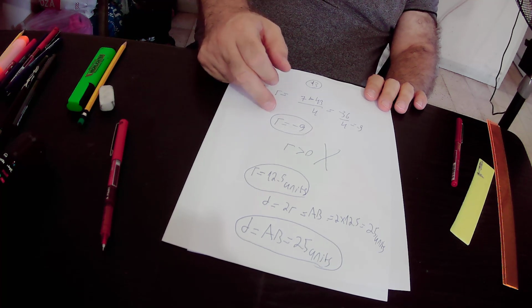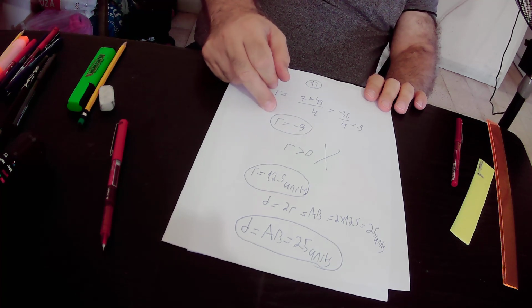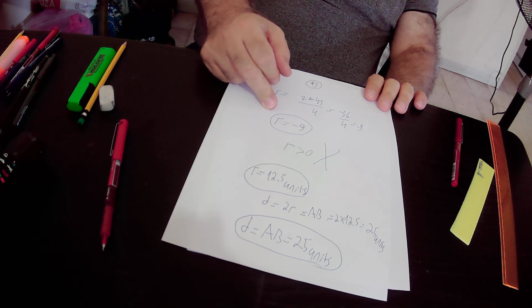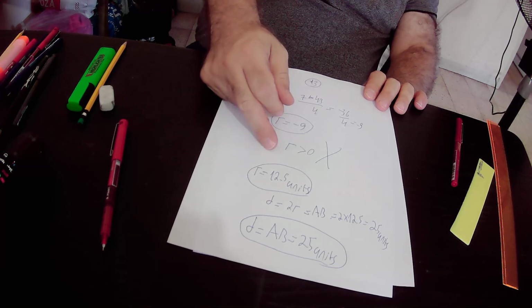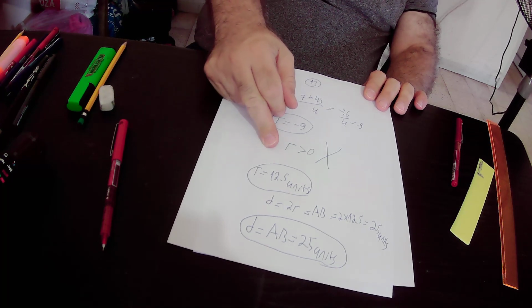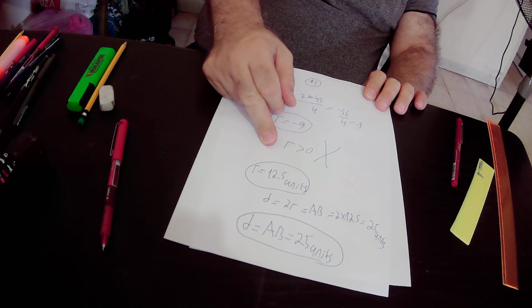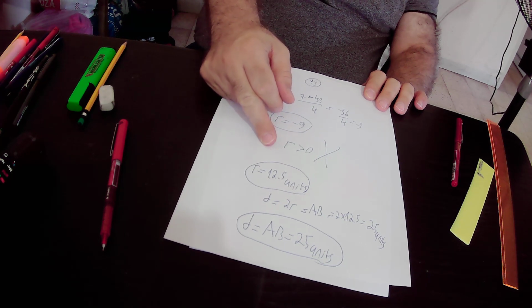Therefore, this solution is not correct, and the only solution left is that the radius of the circle is 12.5 units.